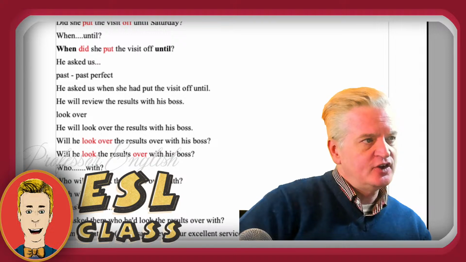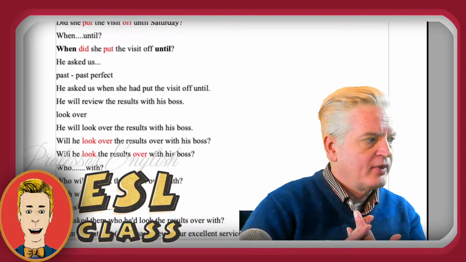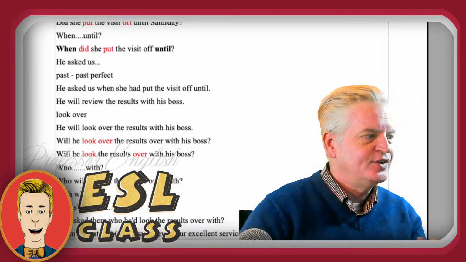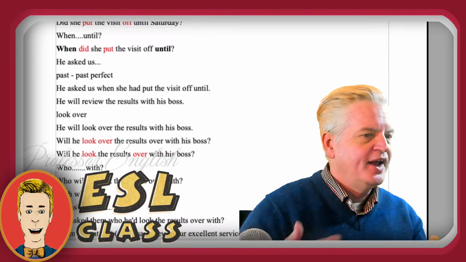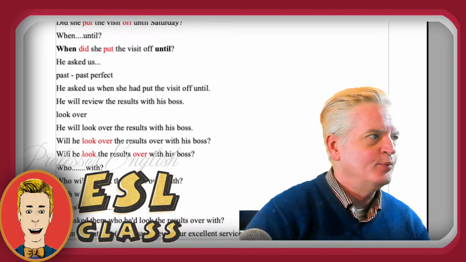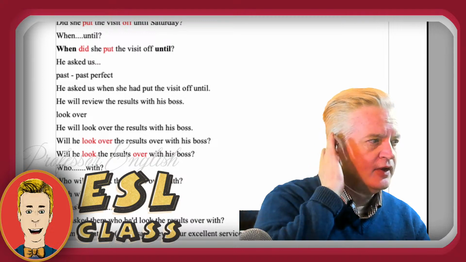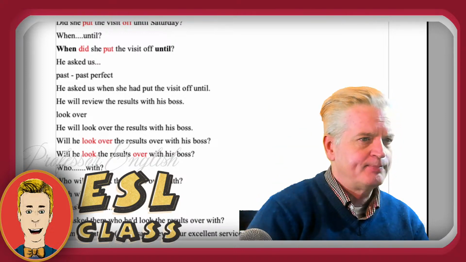If you say with his boss, the two people are doing the action together. But if you say for his boss, it sounds like he's doing a favor for his boss. He's doing a job, and his boss will receive the benefit. So that's a little word, for or with, but it changes the entire idea.